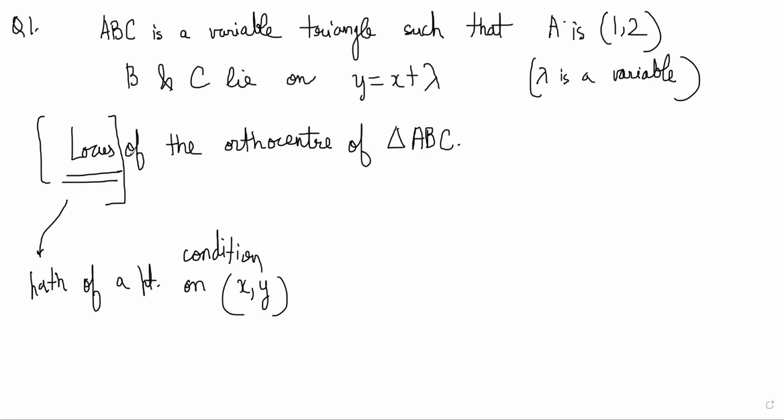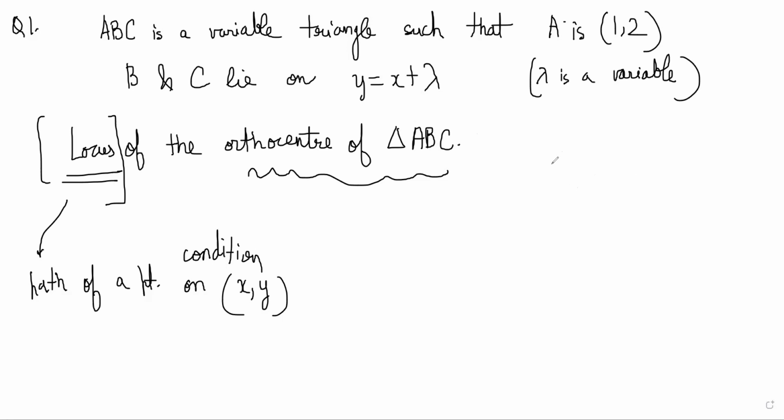So locus of the orthocenter means what are the places where the orthocenter can be. So what you need to do here is try to figure out where the orthocenter can be and find a condition on that.